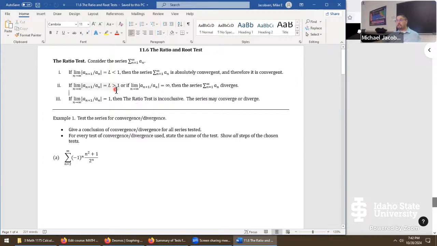If the limit comes out as positive 1 for the ratio of successive terms, well, that means that the terms are actually not shrinking down to 0 very fast. This ratio being larger than 1 is signifying divergence. And so we have divergence in that case. And if the limit doesn't exist, but it's in positive infinity, it's still divergence.